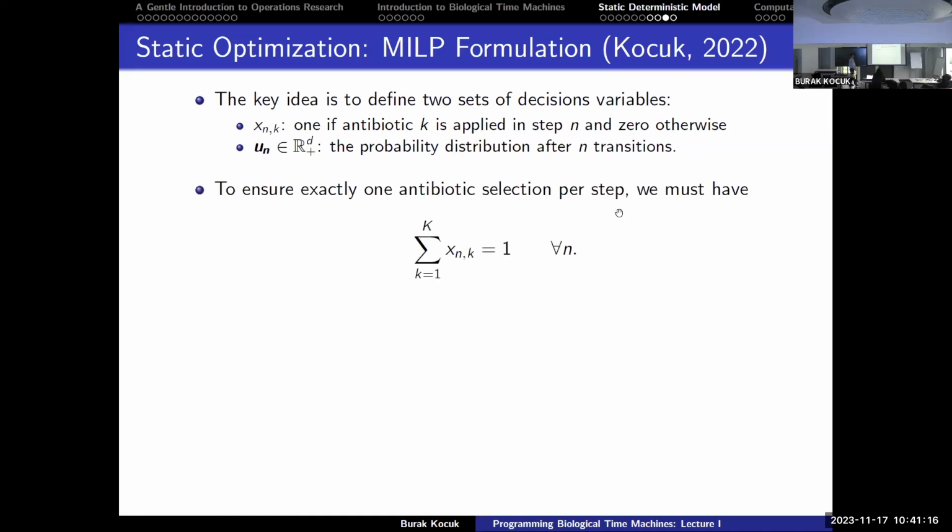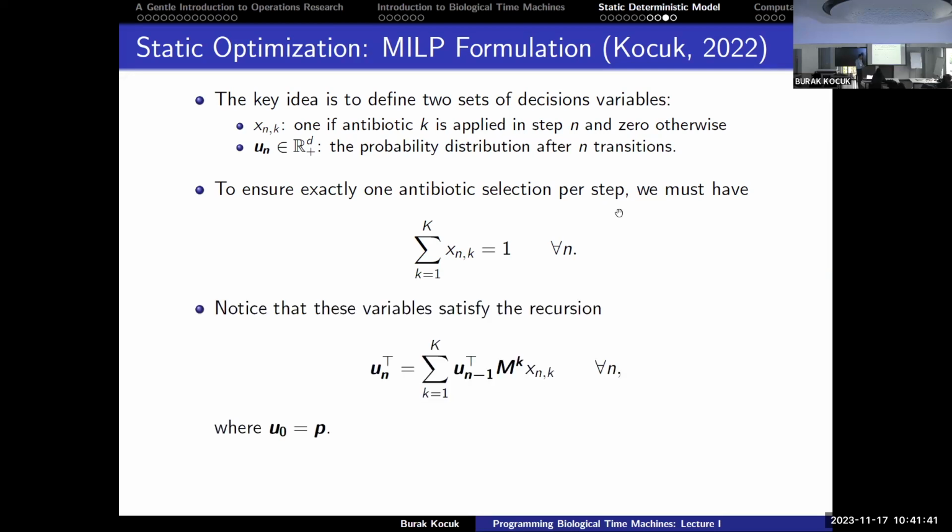But how do we use them? First of all, there's an obvious constraint: for each step, you can apply only one of them. So that's why I sum over K, and since X are binary, only one of them is 1, and all the others will be 0.